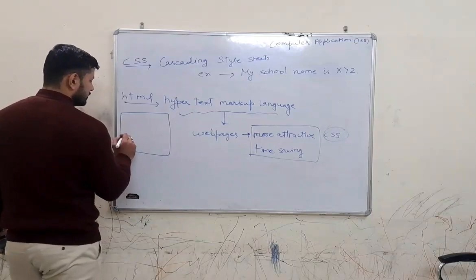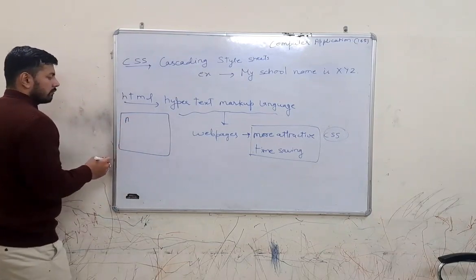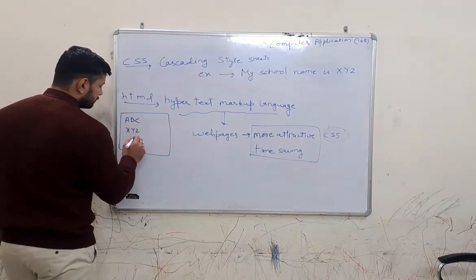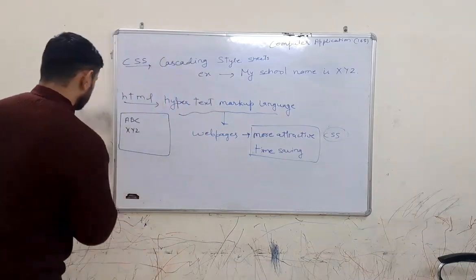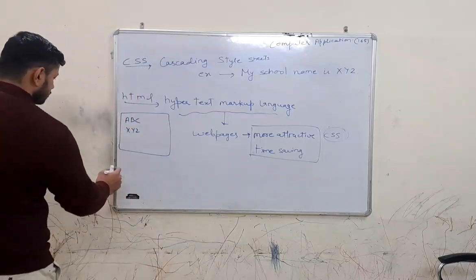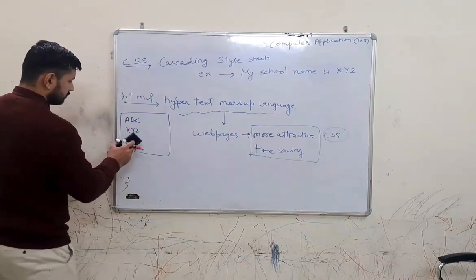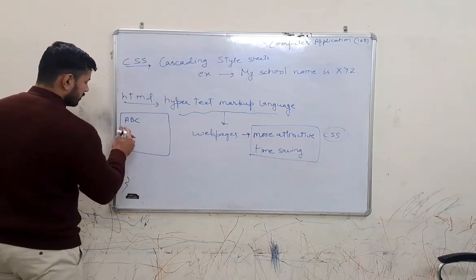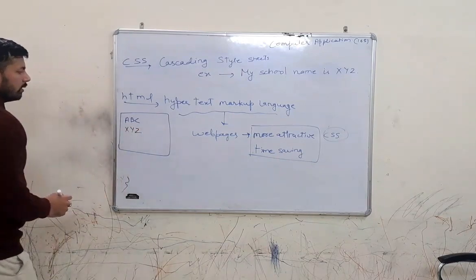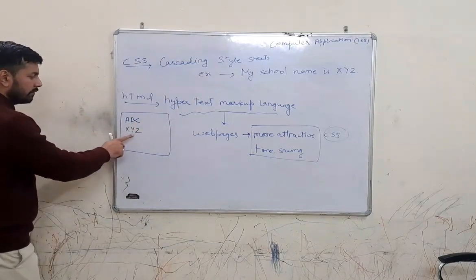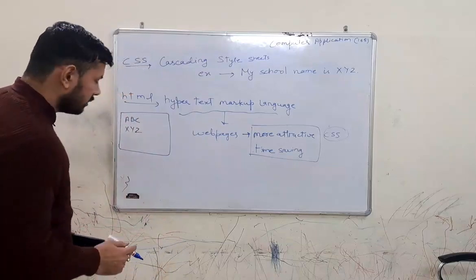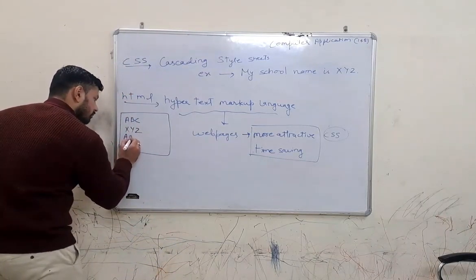Like see, there is content, two sentences. Let's just take two words: ABC and XYZ. This is of blue color, this is of brown color, and again this is of blue color.